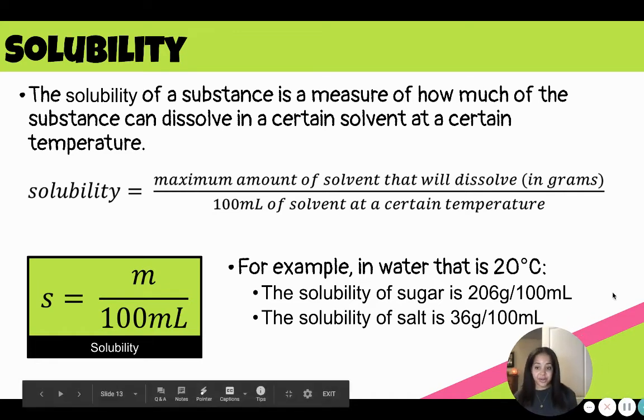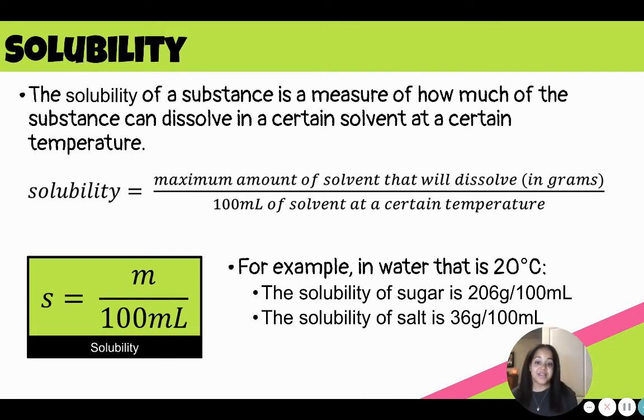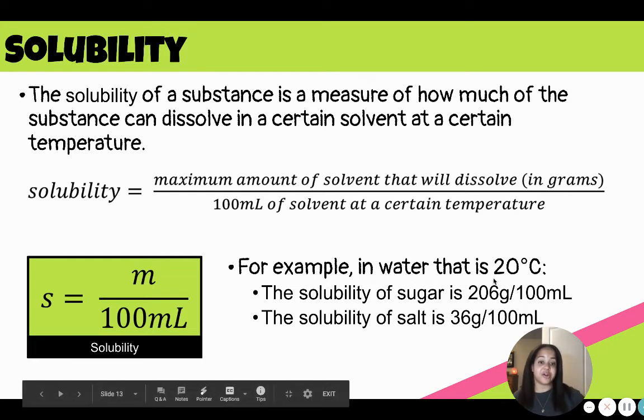So for example, in water that is 20 degrees Celsius, the solubility of sugar is 206 grams for every 100 milliliters. And the solubility of salt is 36 grams for 100 milliliters. So as you can see, sugar is a lot more soluble. You can get a lot more sugar in 100 milliliters than you can salt.